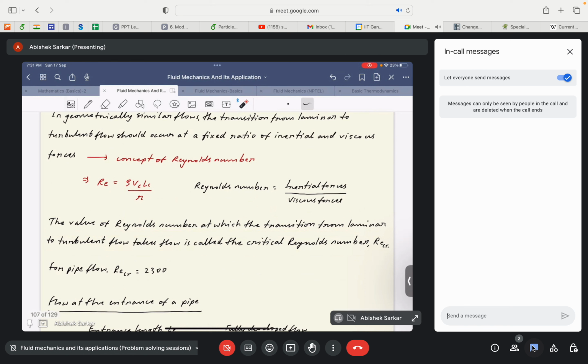For a pipe flow, it's very important, it's clearly defined that the critical Reynolds number is 2300, right? The value of the critical Reynolds number varies extensively depending upon the geometry of the flow.